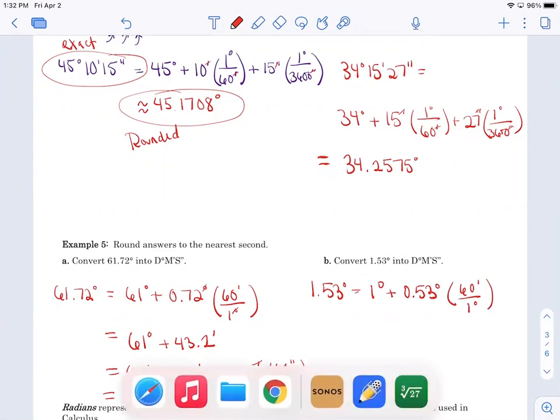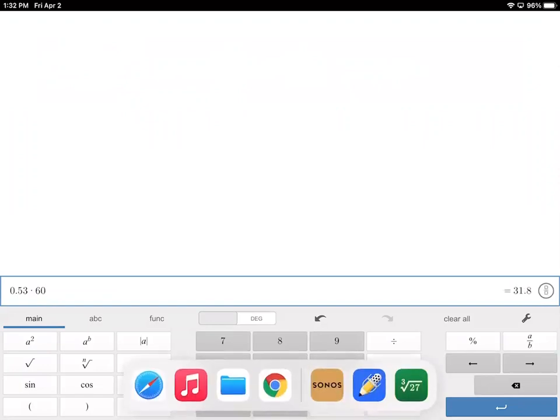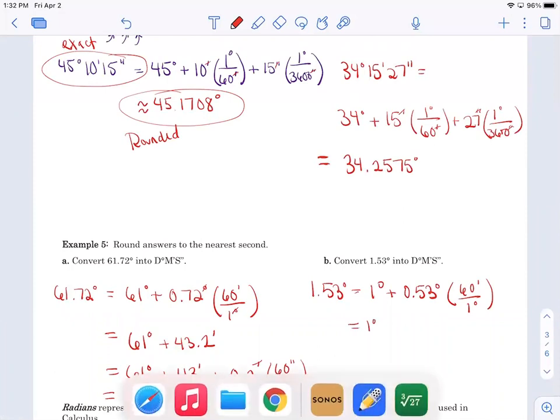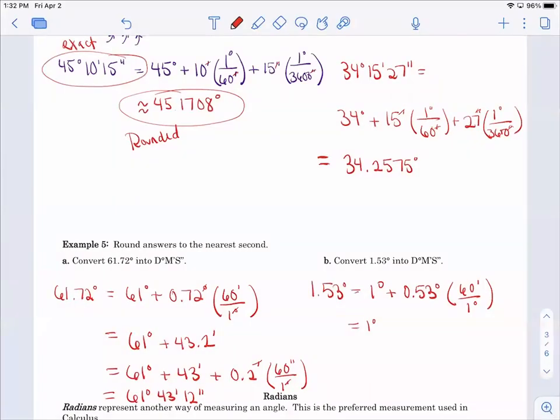So when I go to my calculator, 0.53 times 60, I get 31.8. So we have 1 degree, 31.8 minutes.